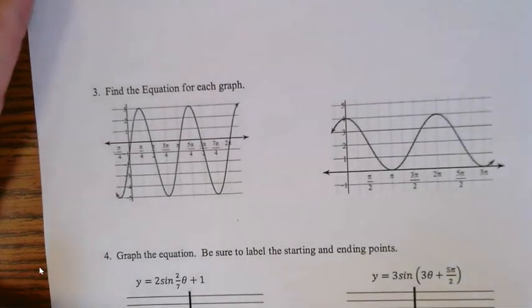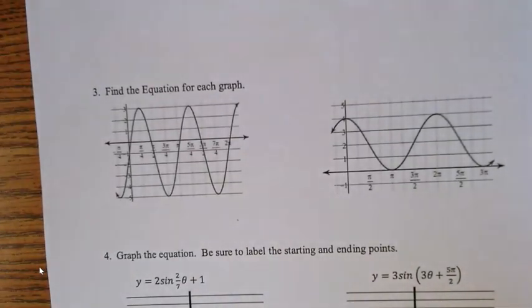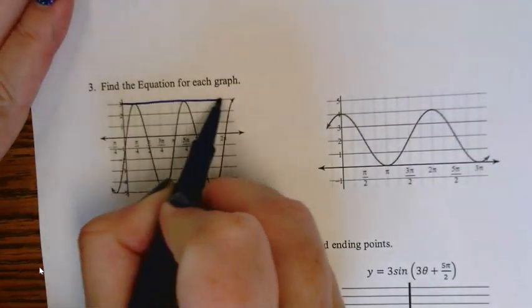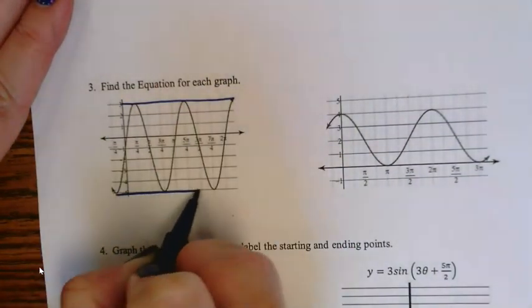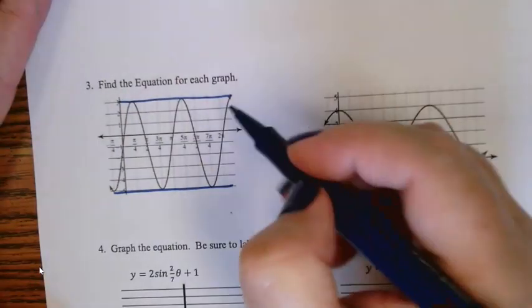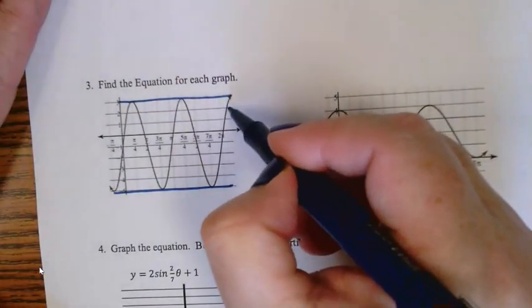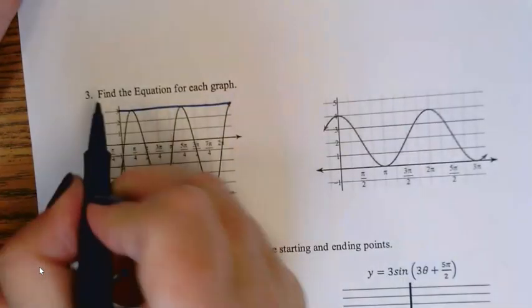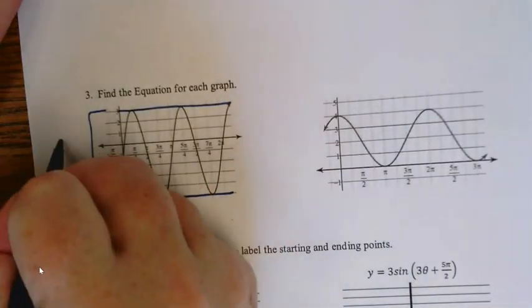Okay, number 3. Remember, clean graph is a row graph. So draw a line here at the highest point and here at the lowest point. Count the difference. So 1, 2, 3, 4, 5, 6, 7, 8. So the difference from here to here is 8.